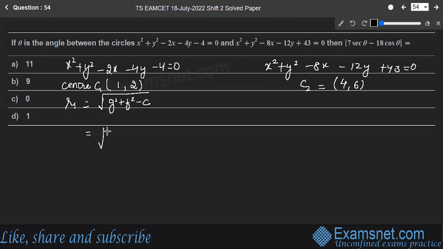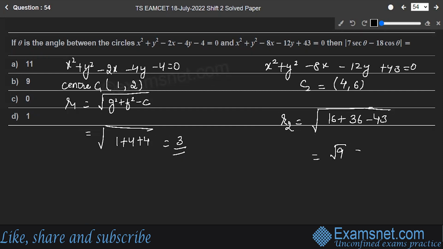So R1 is root of 1 plus 4 plus 4, which gives me 3. And R2 is root of 16 plus 36 minus 43, that is root of 52 minus 43, which is equal to 3. Correct? So we got both the radii as 3 and 3.